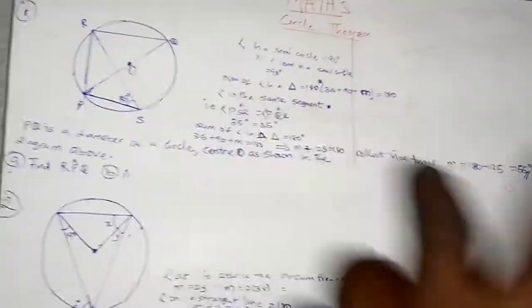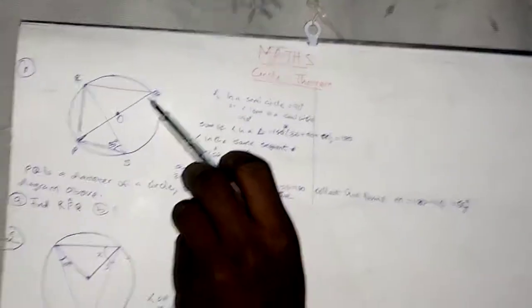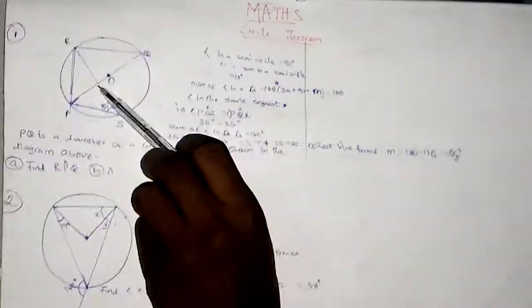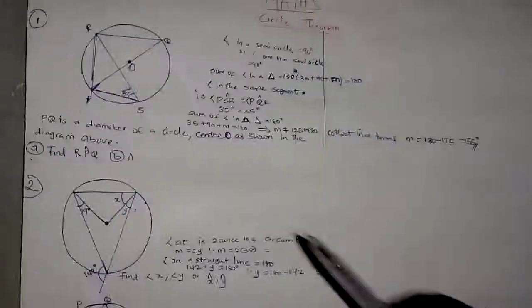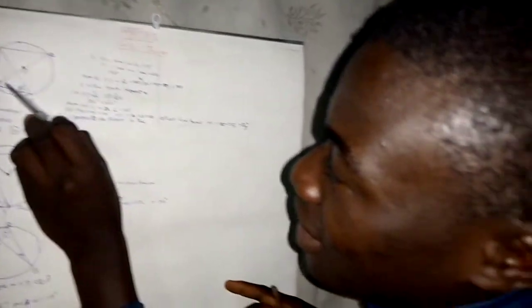Now looking at this first question, we've treated the rules, the reasons, in the last class. This is the center. So we said the angle formed, angle in a semicircle, I mean. Look at this, a line dividing the circle.